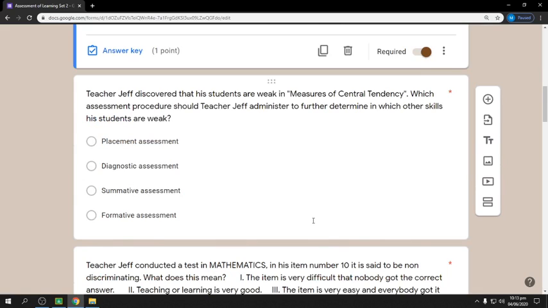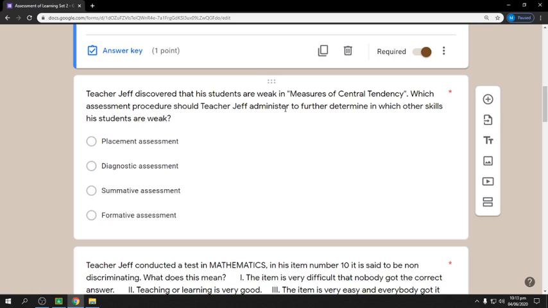Teacher Jeff discovered that his students are weak in measures of central tendency. Which assessment procedure should Teacher Jeff administer to further determine in which other skills his students are weak? In this case, we have to look for certain keywords in the question itself. What is the purpose of the assessment?